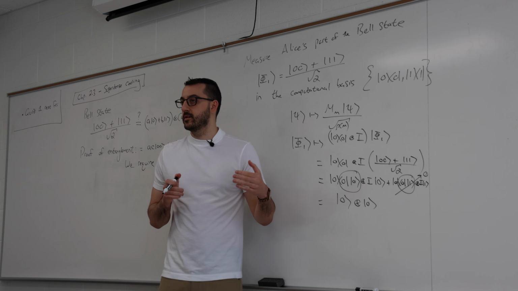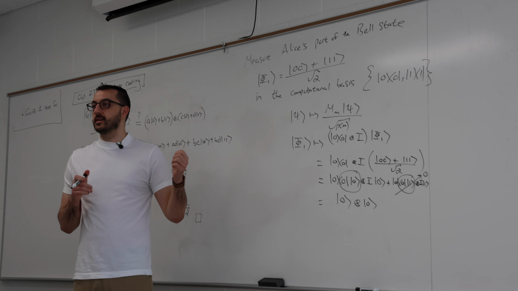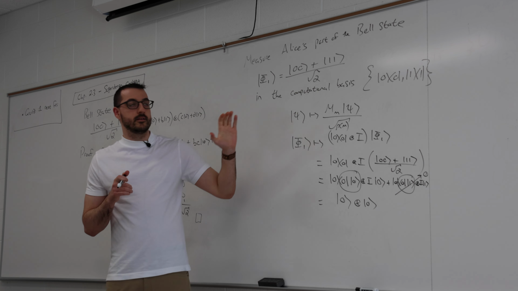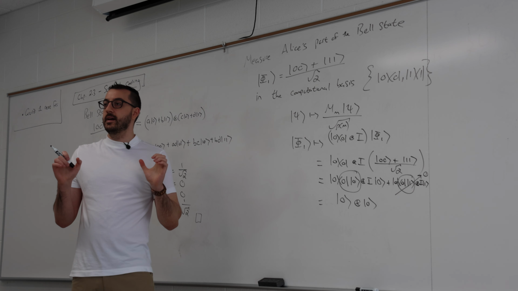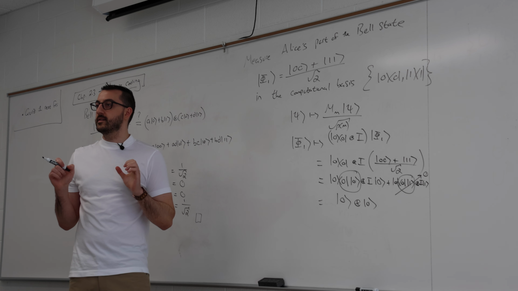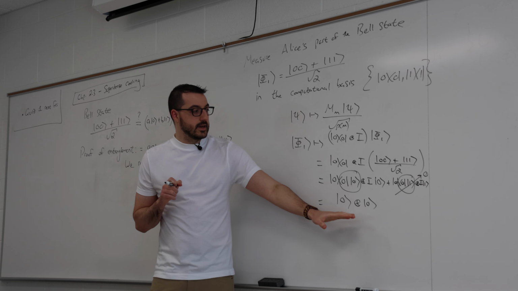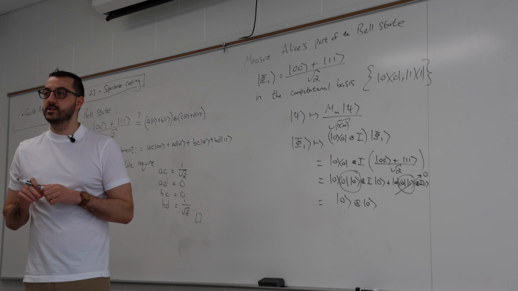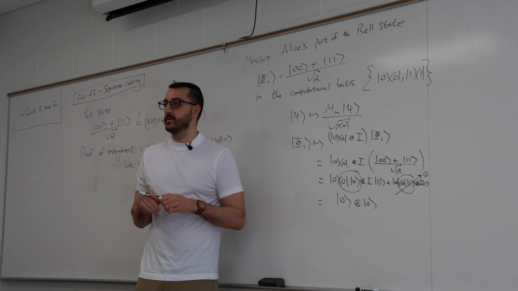There's no way that you could use this to actually send a message. So the entangled state sort of does have this effect where doing an operation on one part of the state does affect the other one. But in this case, we're not able to use that to actually do useful communication because whatever we measure is going to be random.